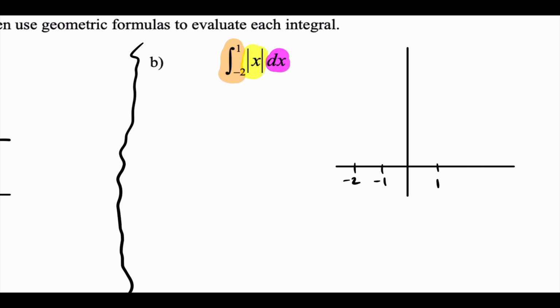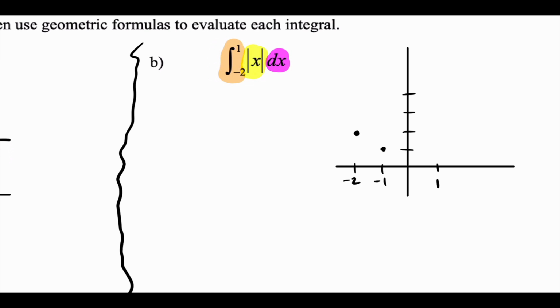So at -2, where's the y value going to be for this one? +2, right? Because the function is just absolute value, it's always positive. So when I plug in -2, it's just going to be +2. So -2, +2. When I plug in -1, I get +1.